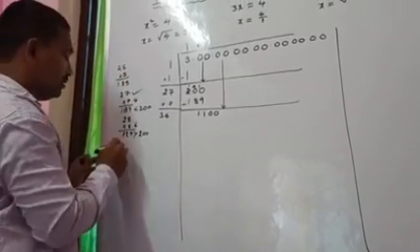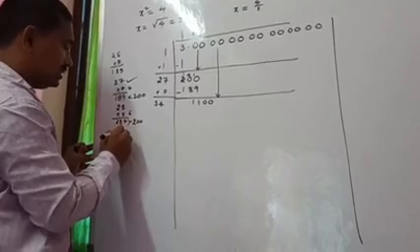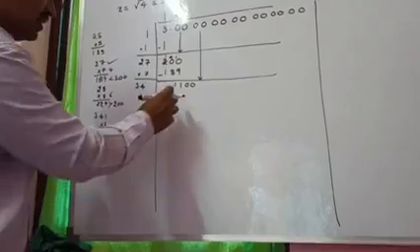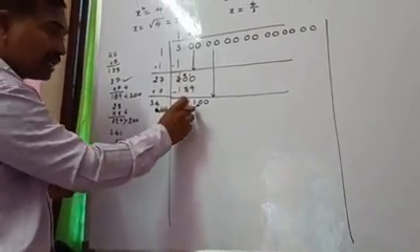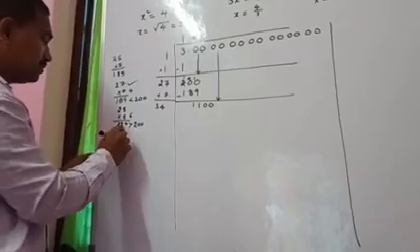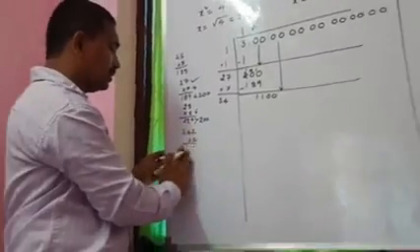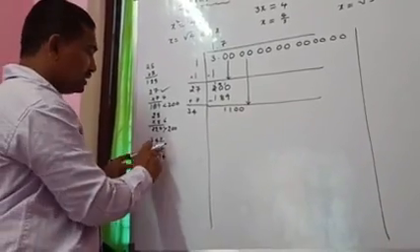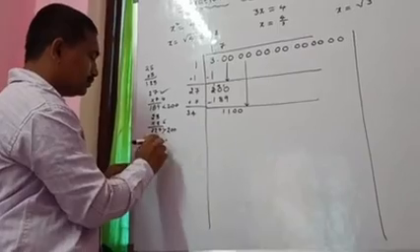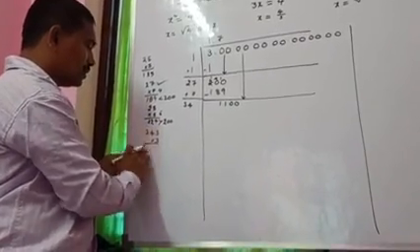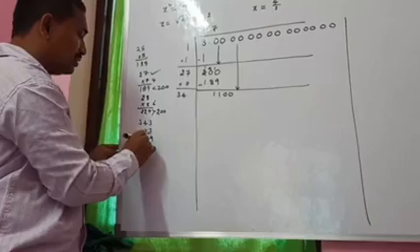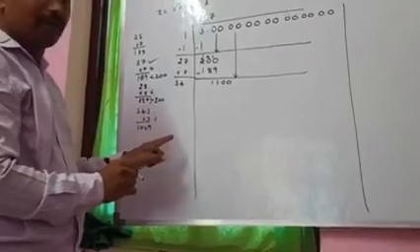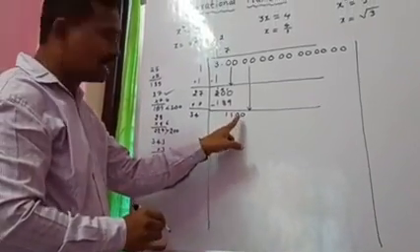If you take 34 into 1, 341. That is very small, but it should be near to 1100. If you take 2, that is 684. Let us take 3. 3 threes are 9, 3 fours are 12, 2 and carry 1, 3 threes are 9, 9 plus 1, 10. 1029. 1029 is near to 1100.